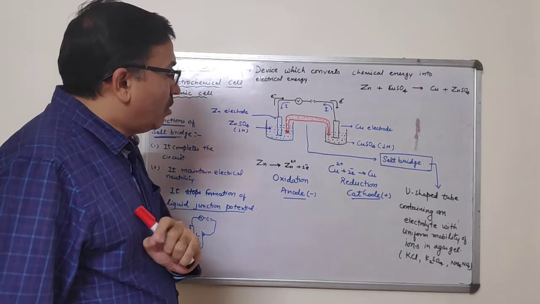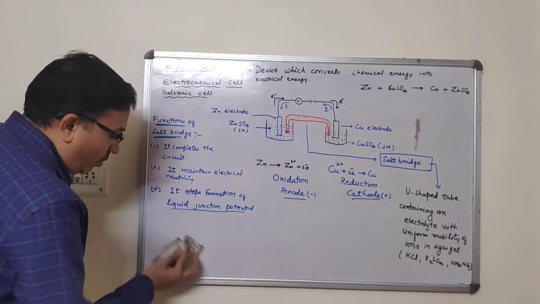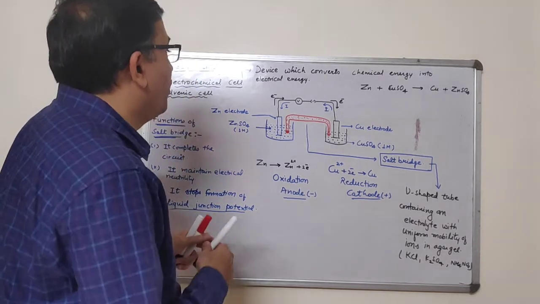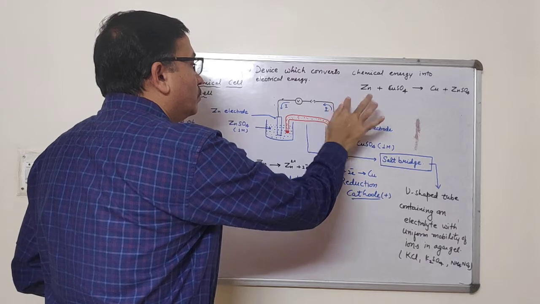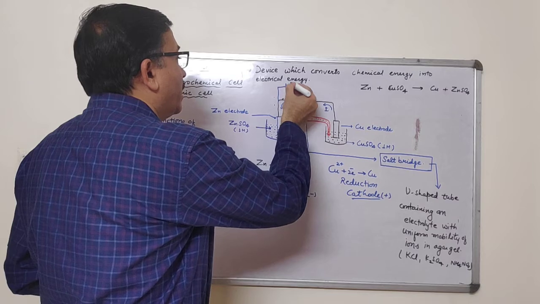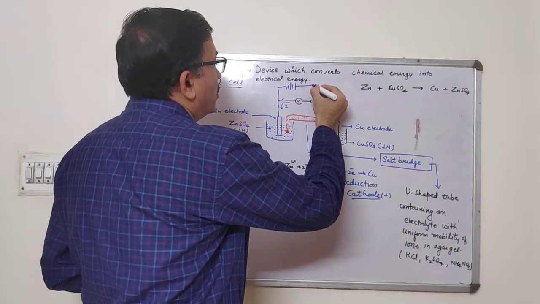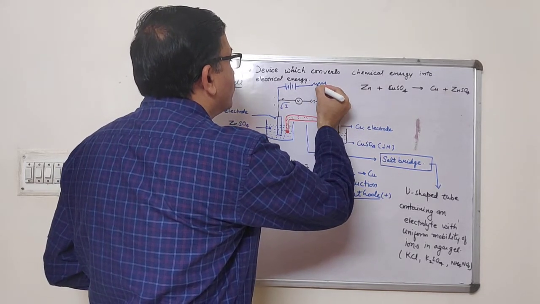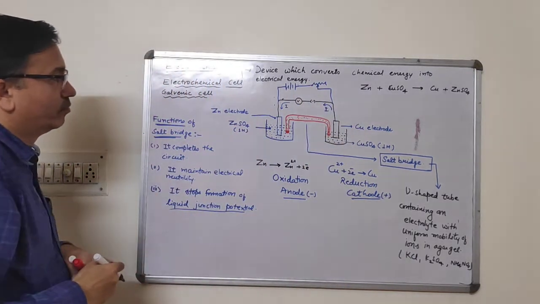Okay. Now, before I represent this electrochemical cell, another thing we will take: if I apply an external potential to this cell, what happens? Say we connected it to a battery source and a rheostat, and the two ends are connected.